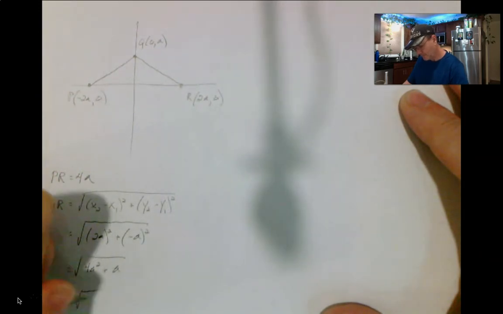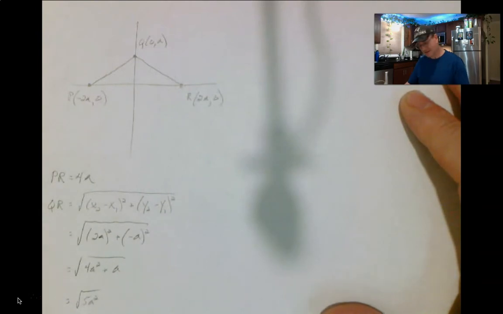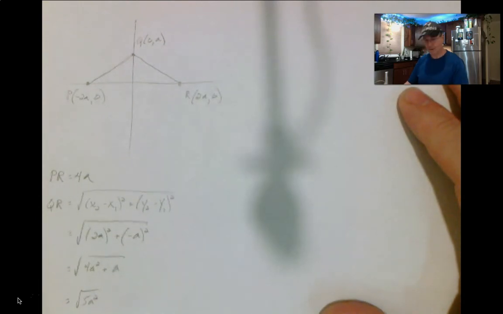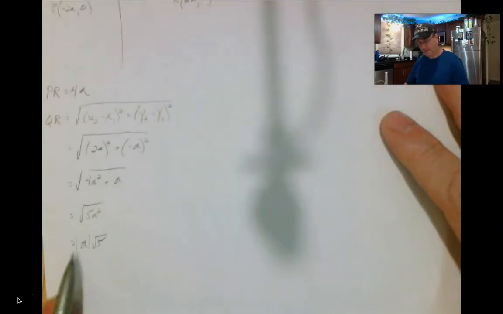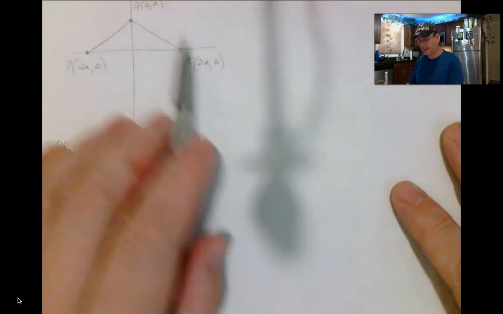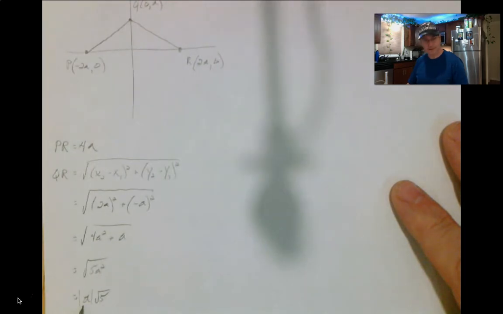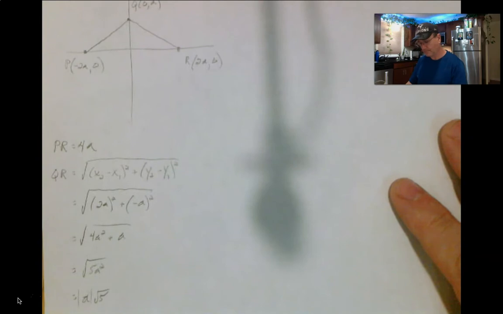Square root of 5a squared becomes a square root of 5. Technically, that's an absolute value of a. When you take algebra 2, you're going to know that would have to be in an absolute value because even comes out odd. Technically, it's the absolute value of a, but we are using a as positive numbers here, so we're okay with it being just a square root of 5, but we'll call it QR.